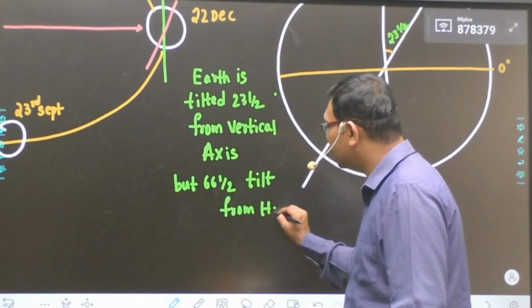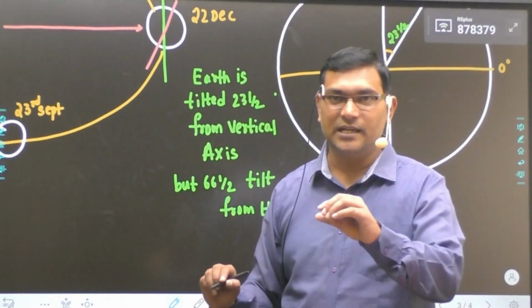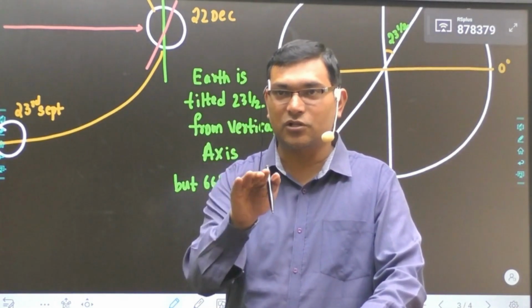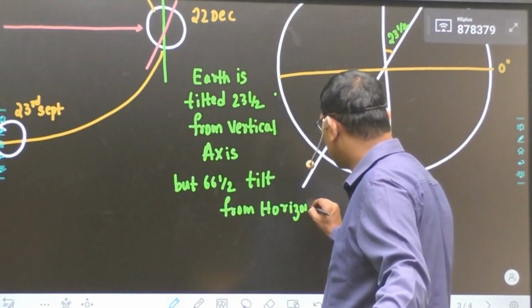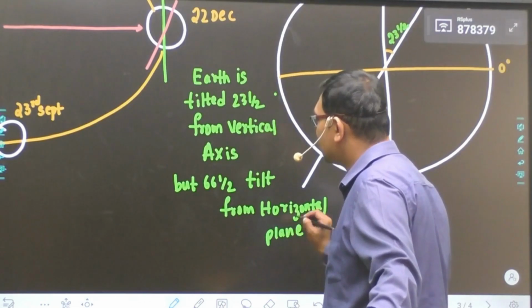So this is a word that has been written. Generally they write in the textbook, in NCERT, that it is 66.5 degree tilted to the horizontal plane. From the horizontal plane, it is 66.5 degree.